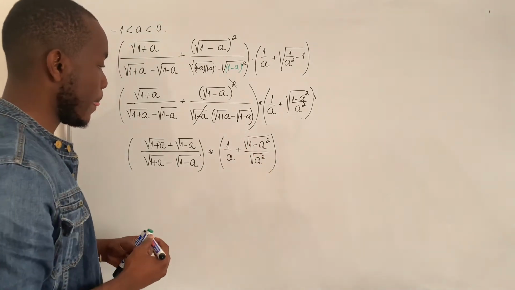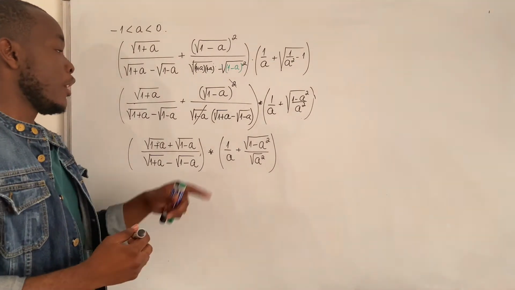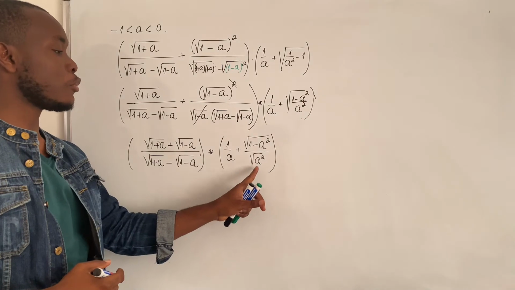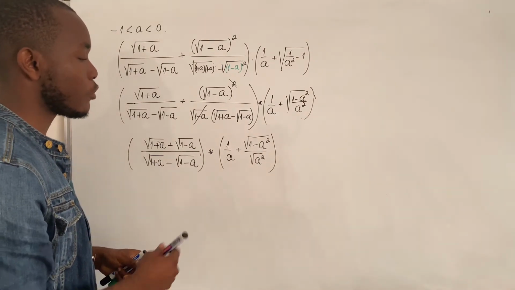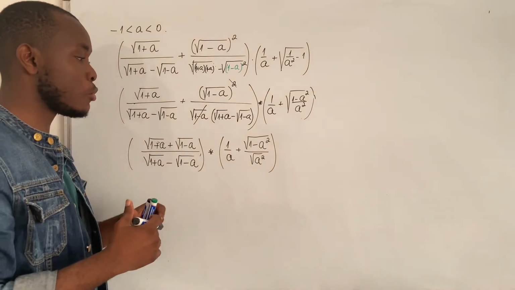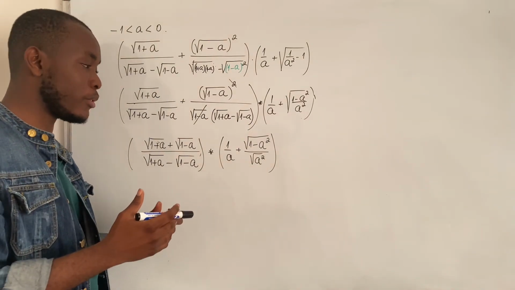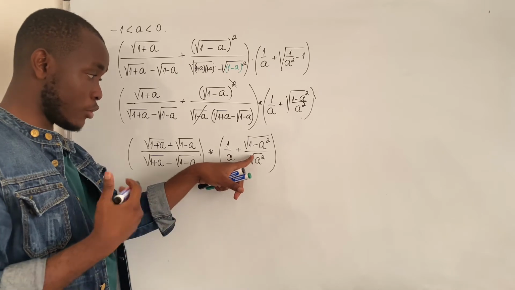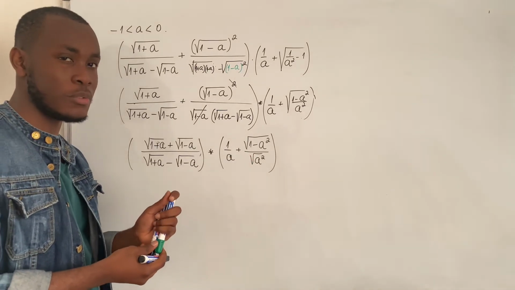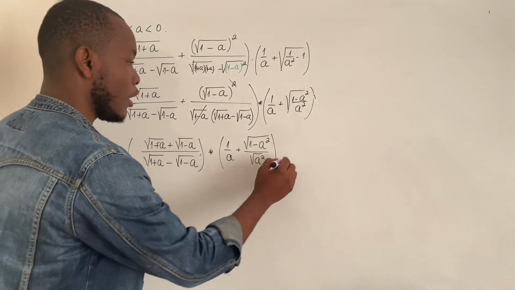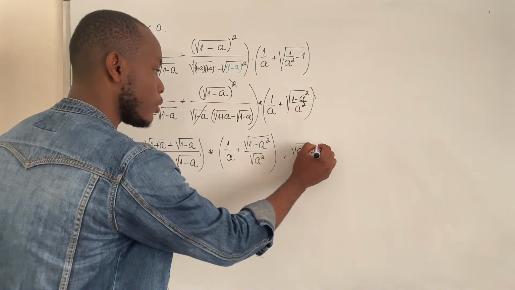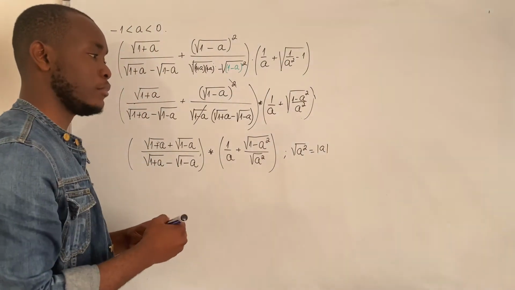Okay. Now the question is, if a is less than 0, then what is going to be square root of a squared? If we say square root of a squared is equal to a, that will be totally wrong, because we are assuming that the square root, which the index is even, can produce a negative number, which is impossible. So that means that the square root of a squared will be equal to absolute value of a. Why?